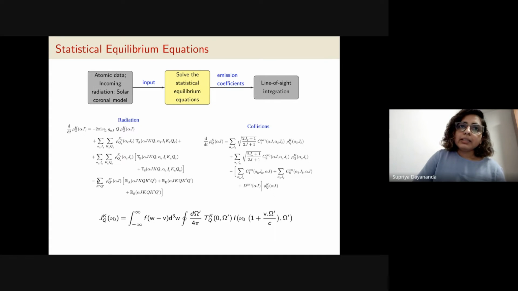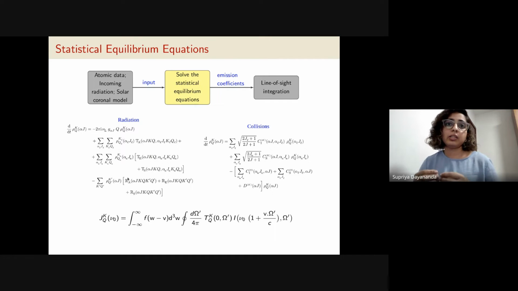So if you look at these equations for the radiative transitions, they contain the transfer and relaxation rates for the processes of absorption, spontaneous emission, and stimulated emission. What in turn goes into computation of these rates are what are called your radiation field tensors, which are nothing but the tensors containing the information about the geometry and the intensity of the incoming radiation.